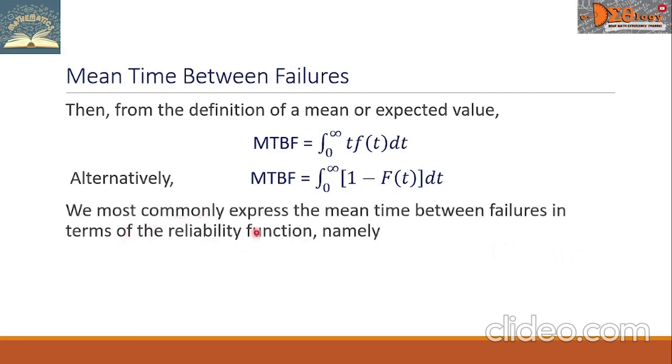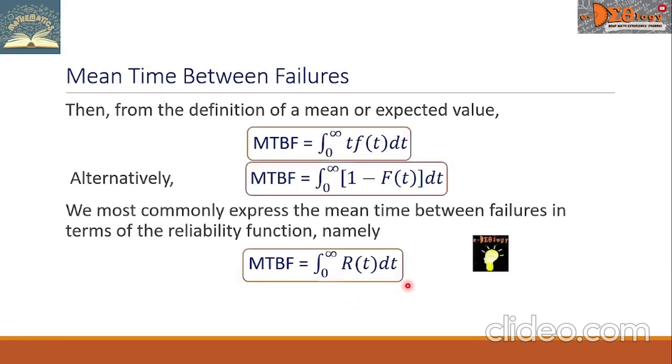We most commonly express the mean time between failures in terms of the reliability function. Namely, this is the formula. MTBF equals the definite integral from 0 to infinity of capital R of t, dt. These are the three formulas for the mean time between failures.